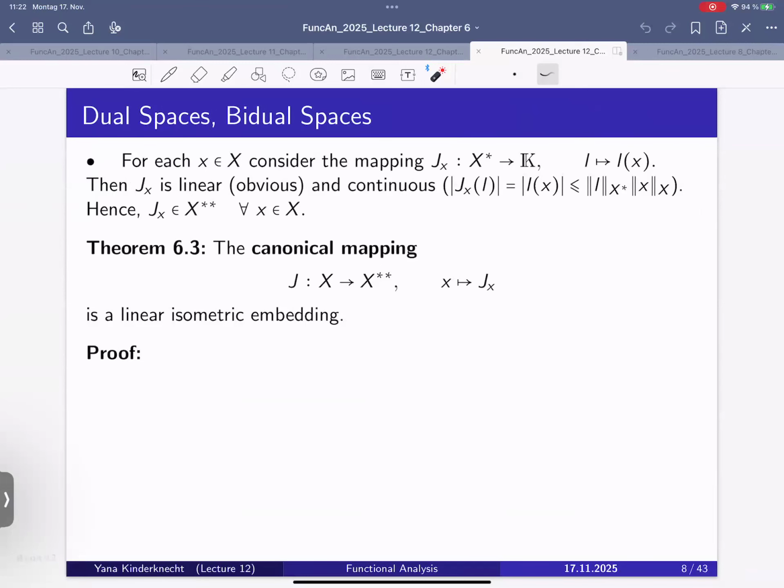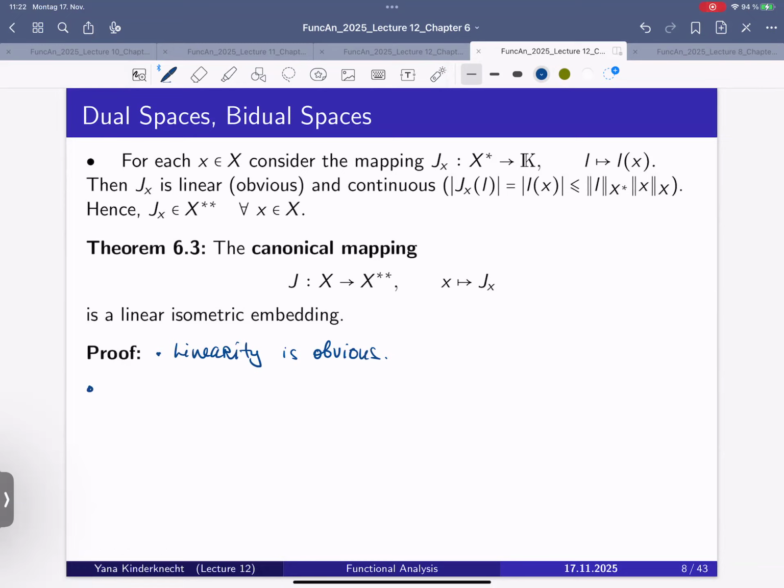Now we have to prove it. I guess we still have some time. Let us do it. Linearity is obvious. If not, then it is an exercise.